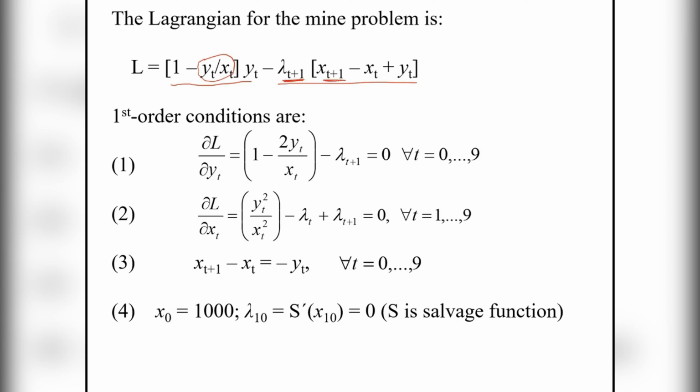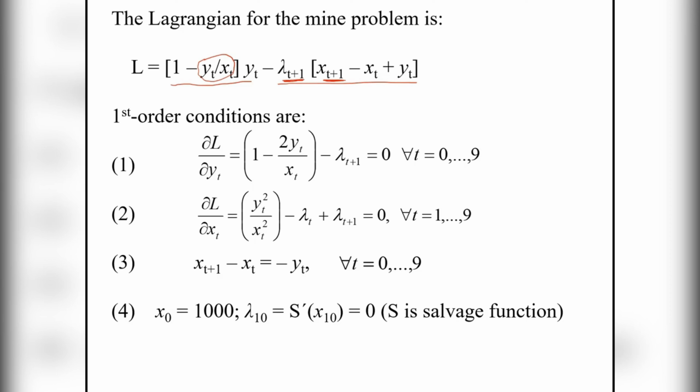So the first order conditions are, again, number 1 is our maximum principle, where we take the partial of the Lagrangian with respect to the control variable, how much ore we remove from the mine in any given period of time, and we set that equation equal to 0.